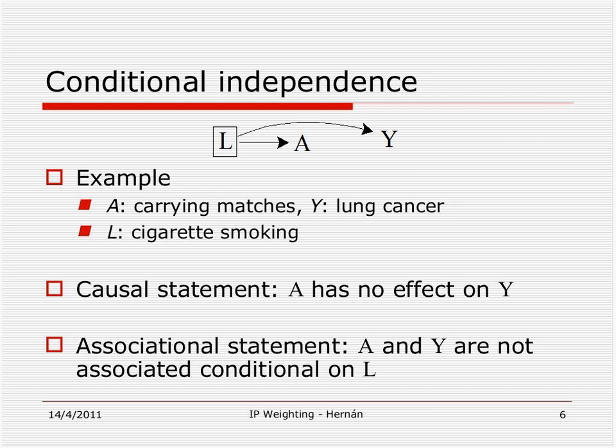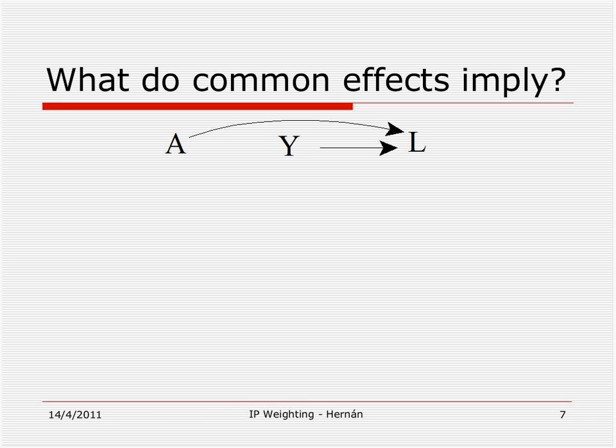This method is the one that may not work when we have a time-varying treatment, and that's what I'm trying to explain now. So, consider a situation in which the 2 variables, the treatment A and the outcome Y, don't have a common cause. So there is no confounding, but there is a common effect. L now is a common effect.